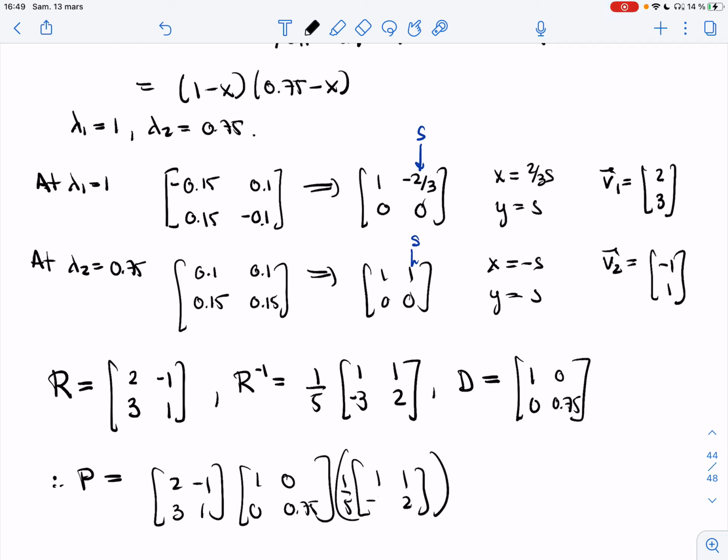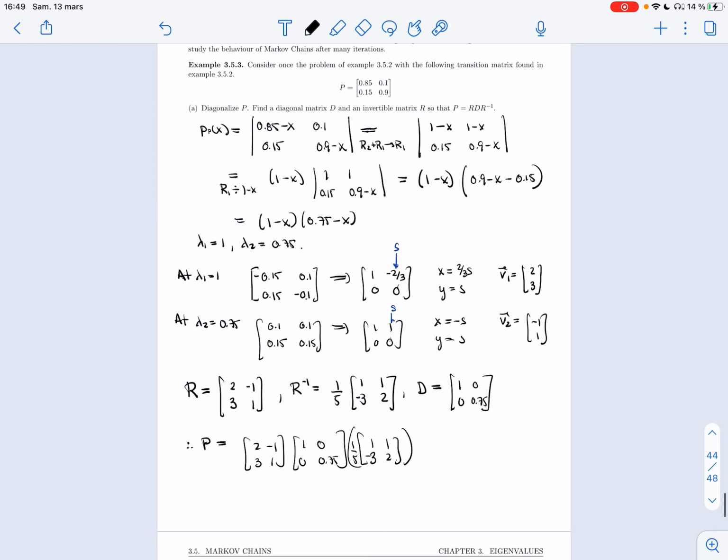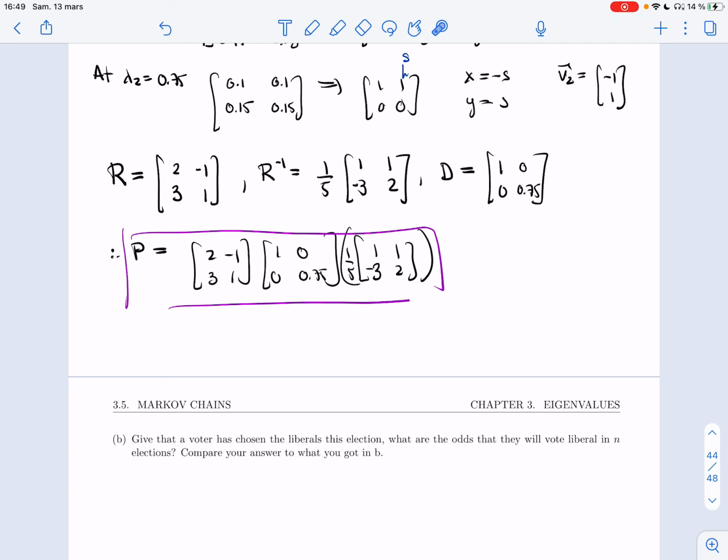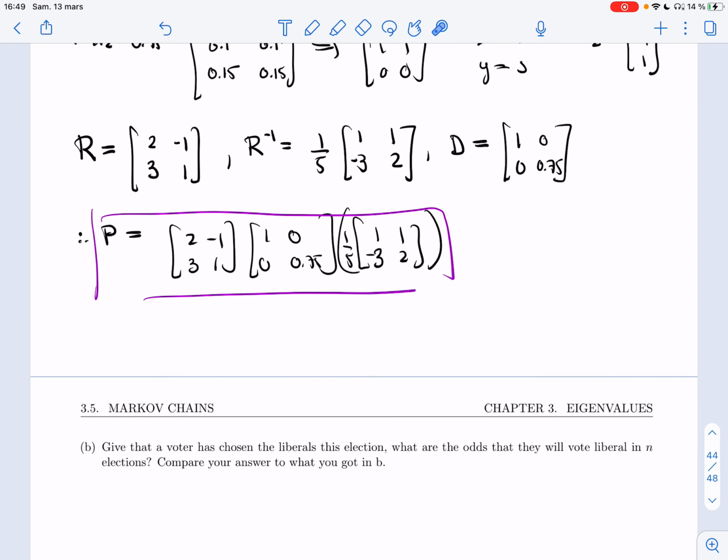All right, we're going to use this to compute powers of it. Given that a voter has chosen the Liberals in this election, what are the odds that they will vote Liberal in an election? So we're not going to calculate the odds in 2 and 3 and 4. We're going to calculate the odds at any point. So I'm going to need to get P to the n.